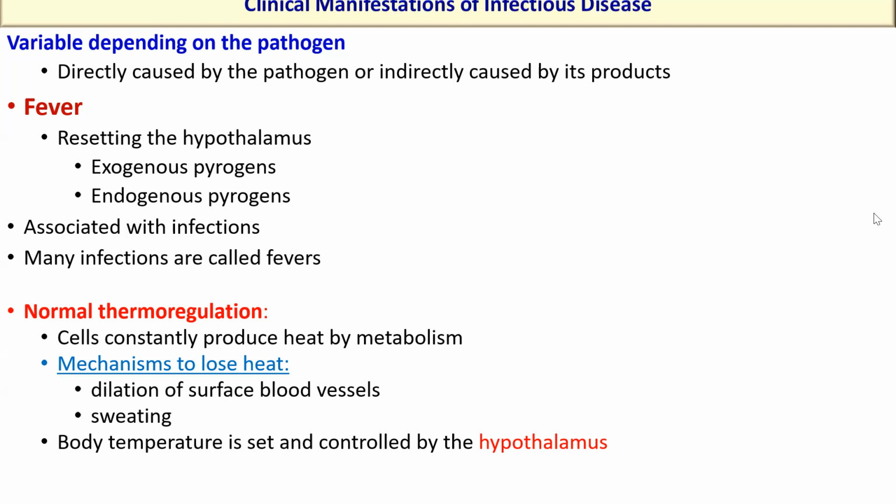So it's the exogenous pyrogens, the bacterial biochemicals, that then produce the body's own biochemicals, the endogenous pyrogens, like interleukins and interferons, which will induce prostaglandins that will eventually raise the set point of the hypothalamus to cause fever.